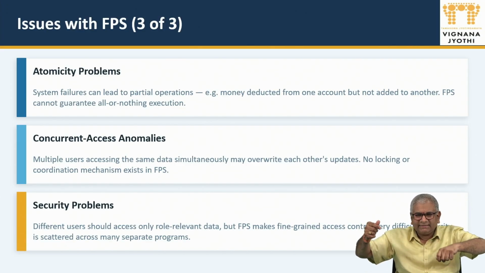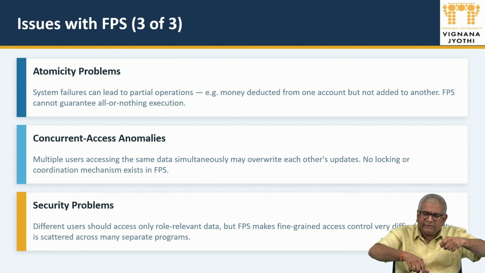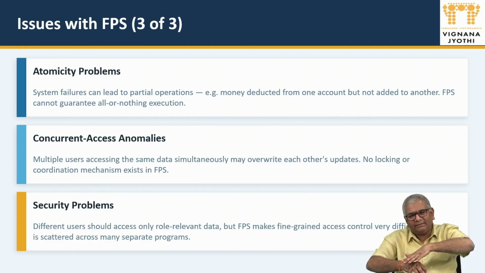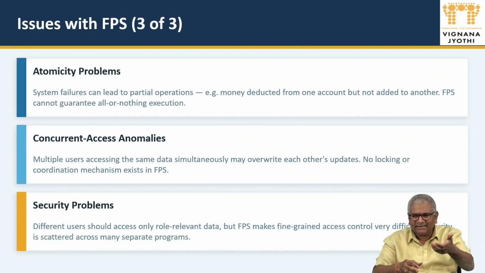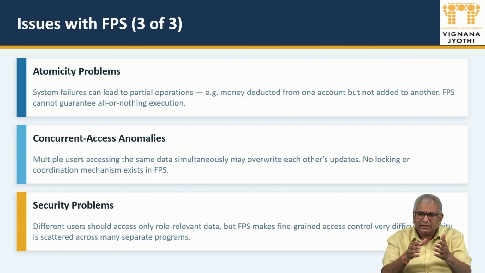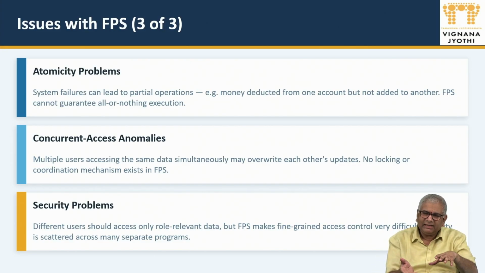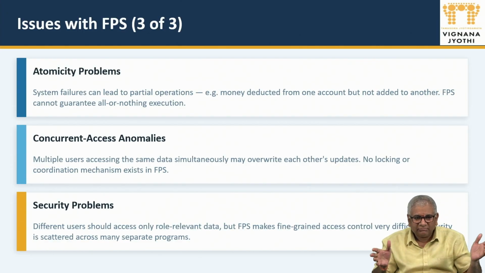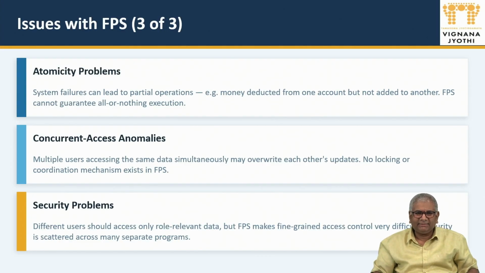Then A adds 10, B adds 20. Now let's say B wrote that information first into the file, so it becomes 120. On top of that, A writes, and A thinks that 100 is there, so it becomes 110. Now the actual value is 110 only. Similarly, if A writes first and B second, you will see 120. But in fact, it should be 130, right? So concurrent access anomalies are there like that.